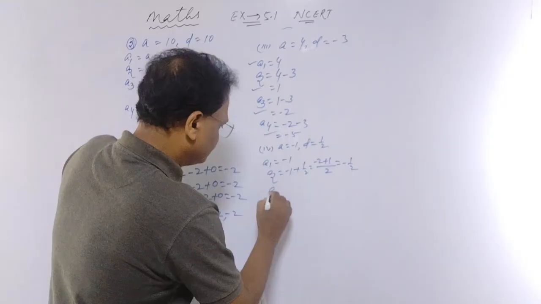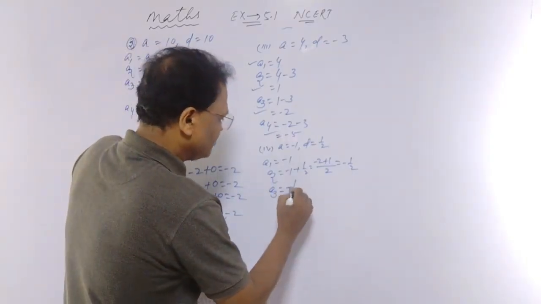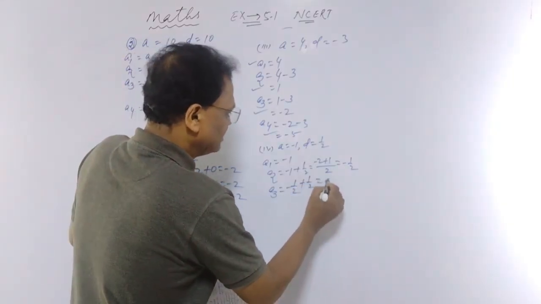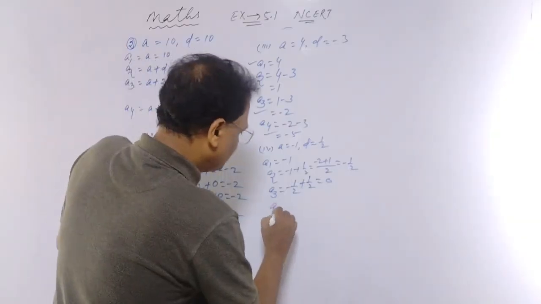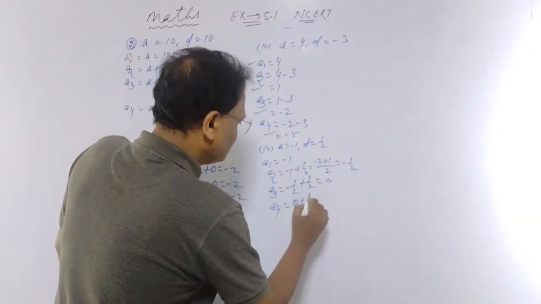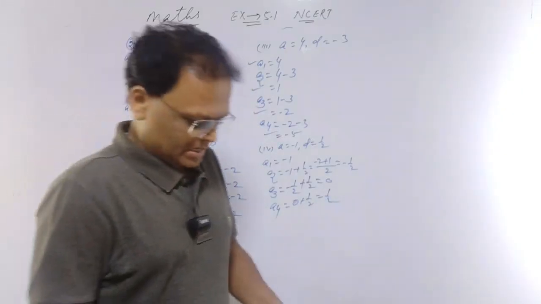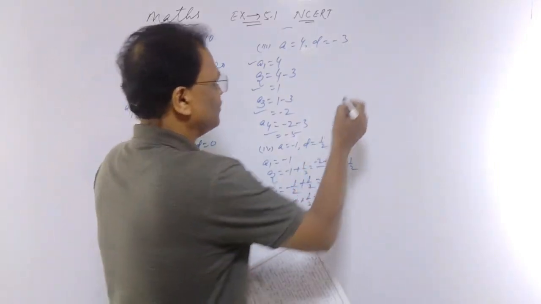Now A3 is equals to A2 plus D. What is A2? Minus 1 by 2 plus 1 by 2 cancel. This gives me 0. A4 is A3 plus D. A3 is 0, D is 1 by 2. So this gives me 1 by 2. I think the fourth one is over. And the last one is A is equals to minus 1.25.